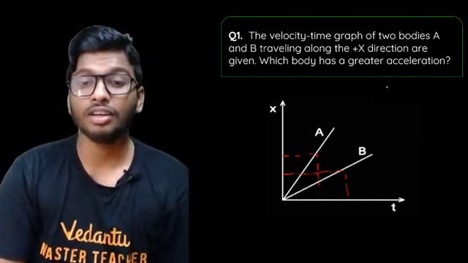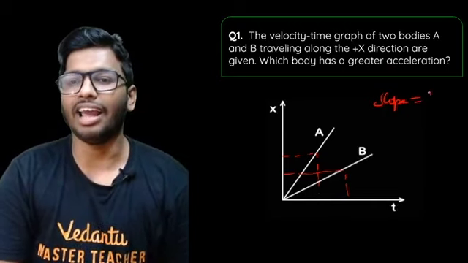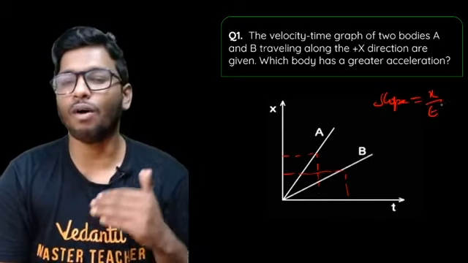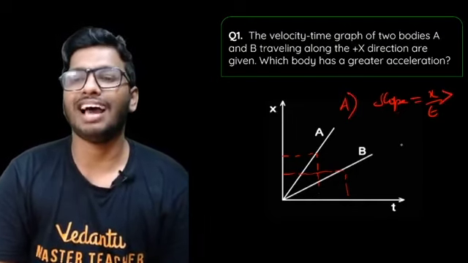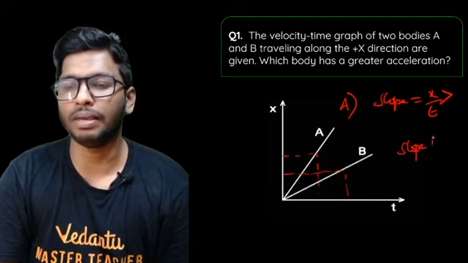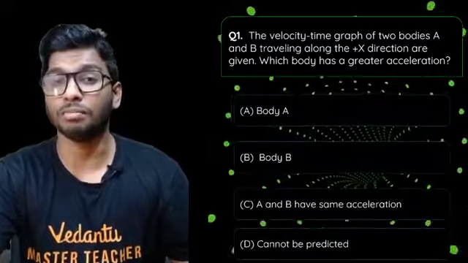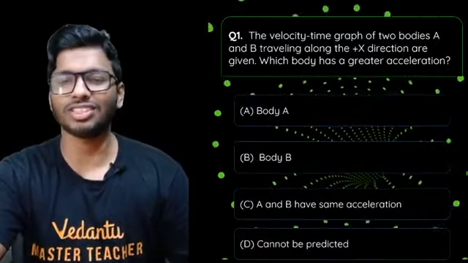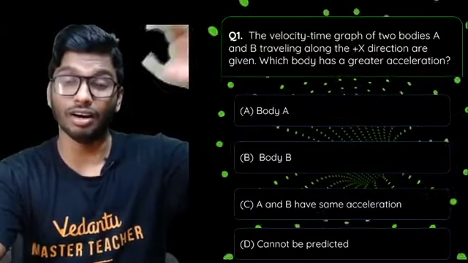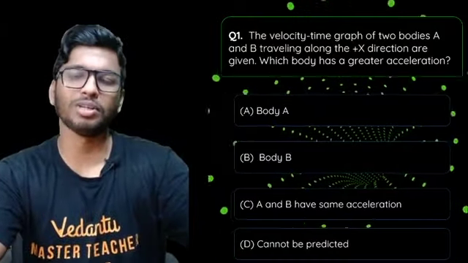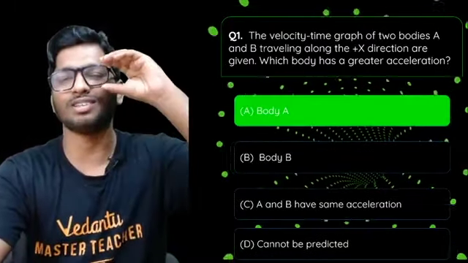The slope is basically x by t, and this is greater for body A than for body B. So you can use the simple logic that I gave you: the steeper the curve, the faster the body is accelerating. In the case of a distance time graph, I told you that the steeper curve means the speed is greater. Simple as that. So the answer to this question would be option A.